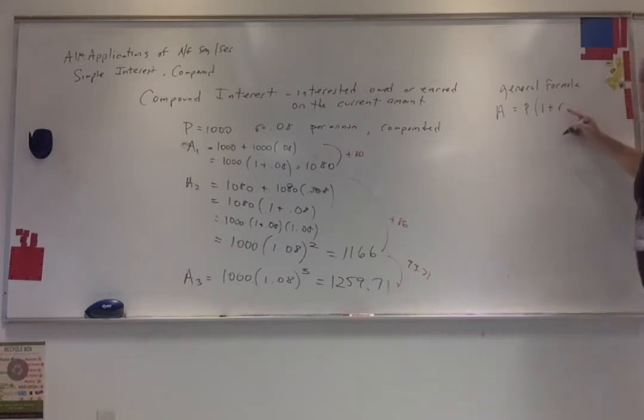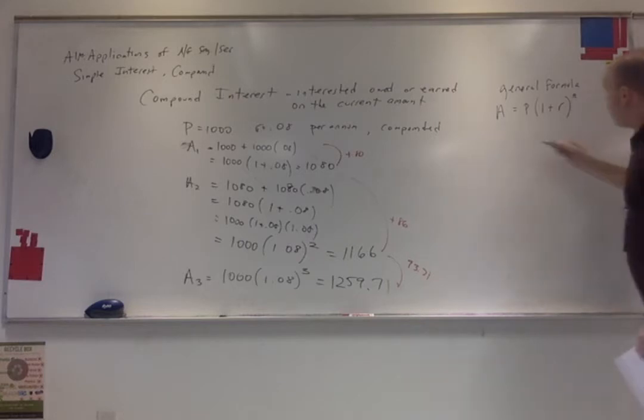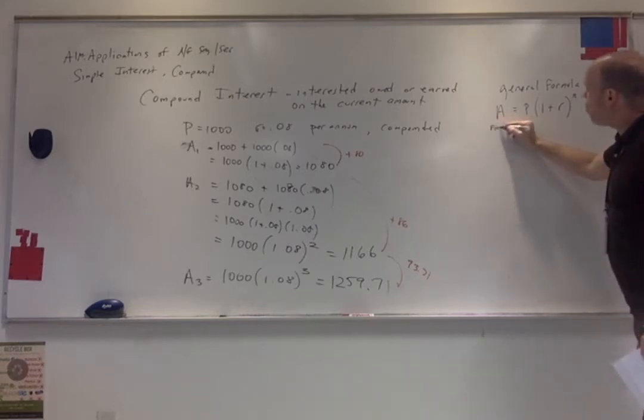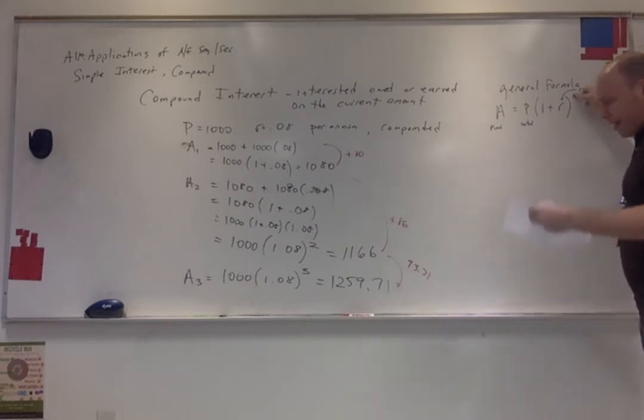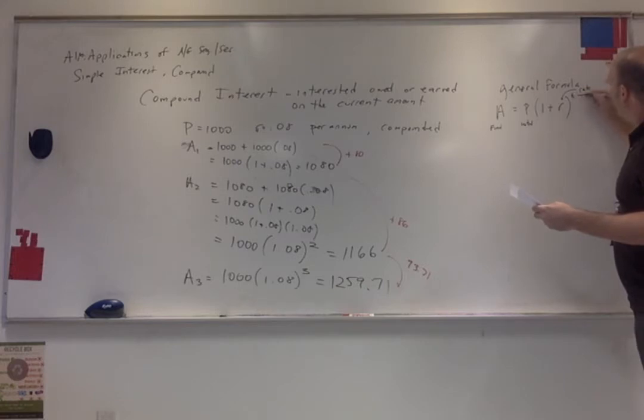We know to write this as a decimal, okay? Times N. So the A is the final amount. The P is the initial. The R is the rate. I'm sorry, let's make this, instead of N, I apologize, we're going to make this T for the time.